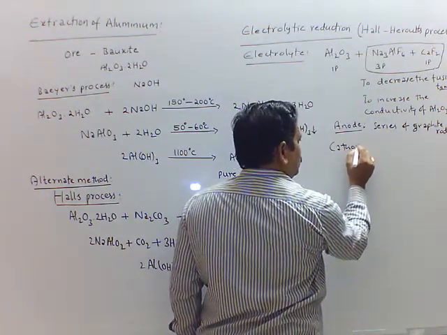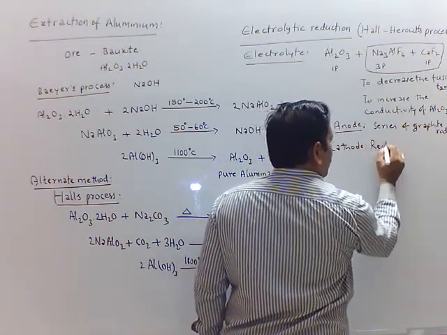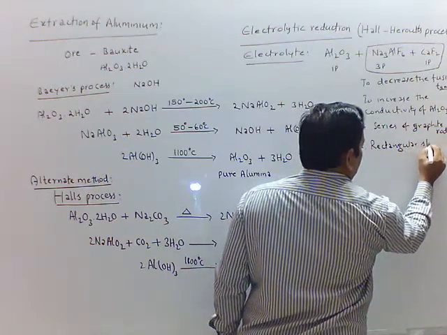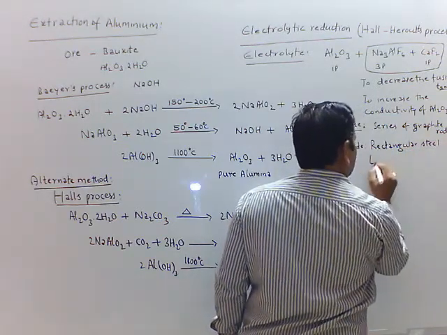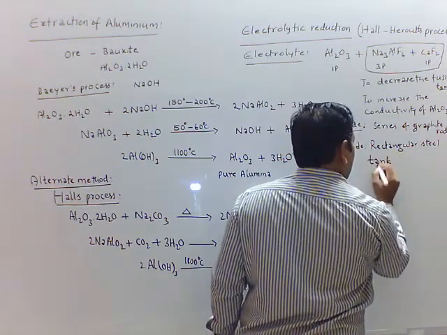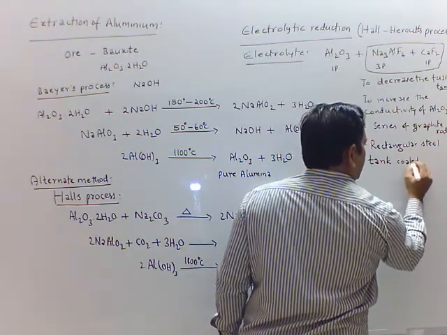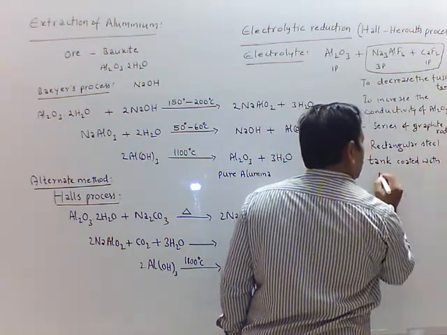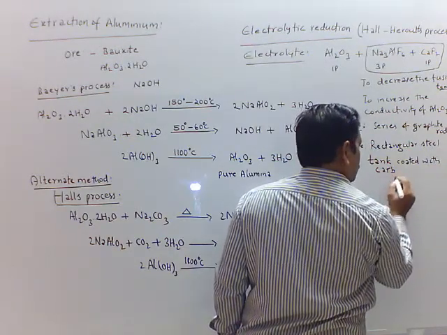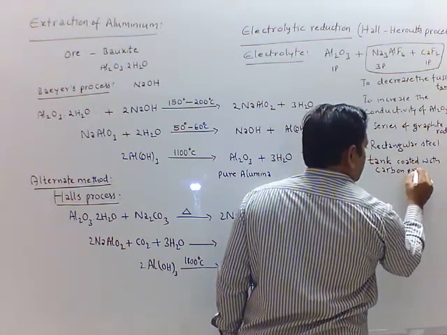The cathode is a rectangular steel tank lined, or coated inside, with carbon lining.